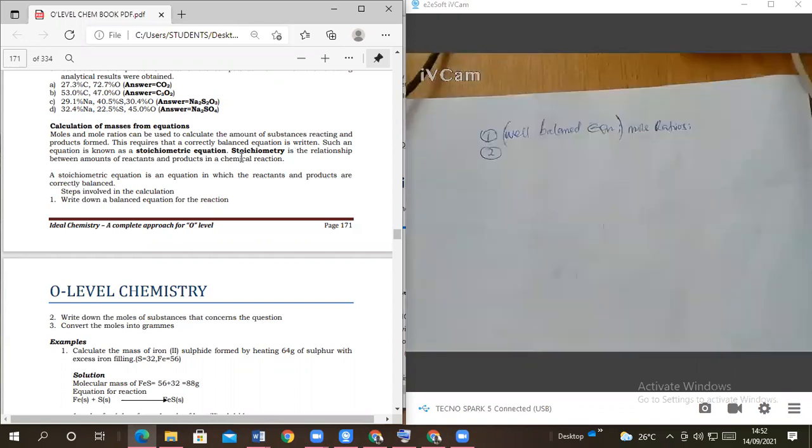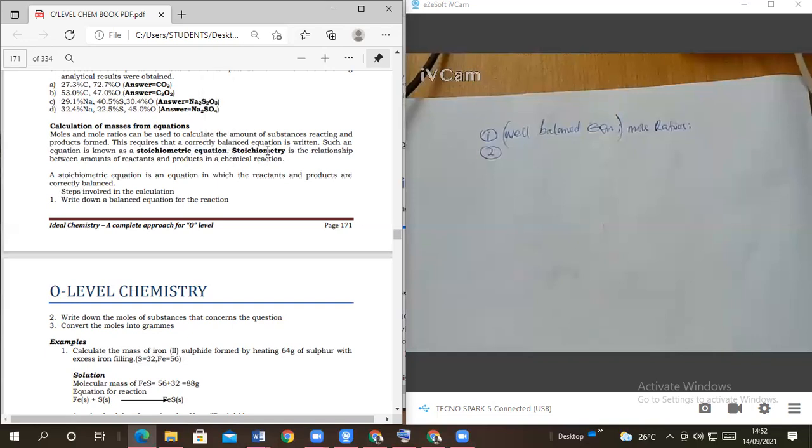So here they are continuing to say that this requires that a correctly balanced equation is written, and such an equation is known as a stoichiometric equation. A correctly well-balanced equation is what we call a stoichiometric equation.